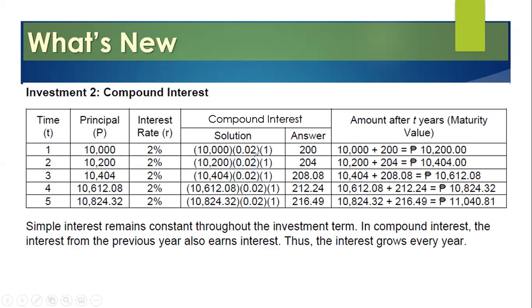10,000 minultiply sa 0.02, P times the R times the T. Okay? And ang interest or ang kinita na ng pera ko ay 200 pesos.